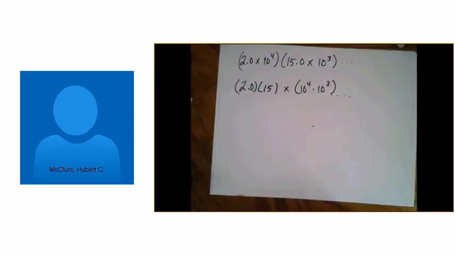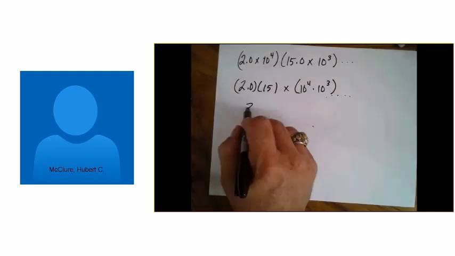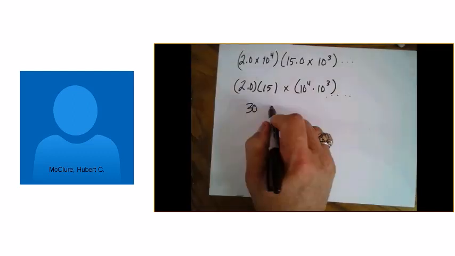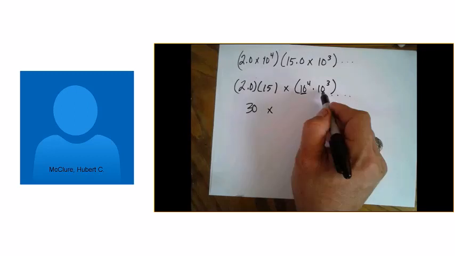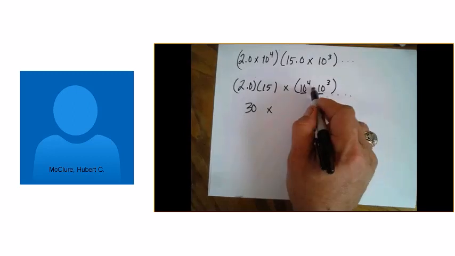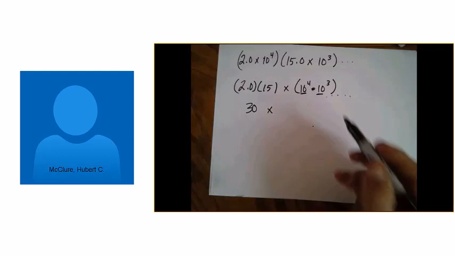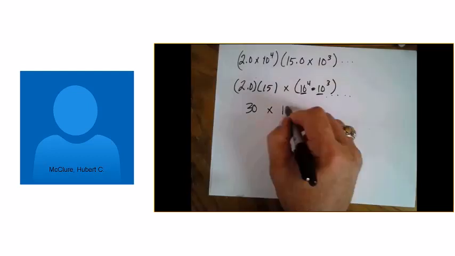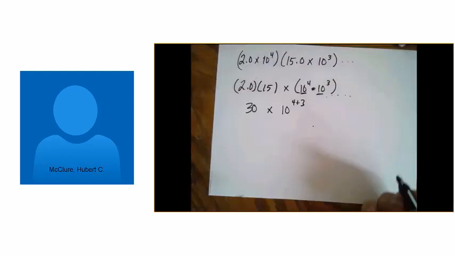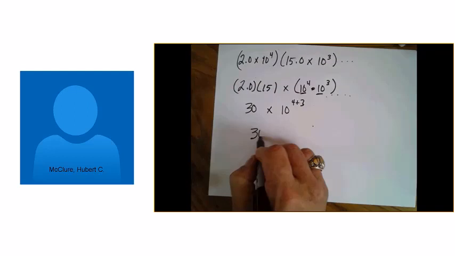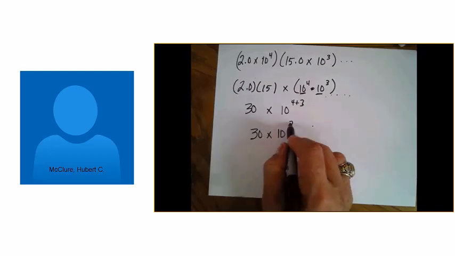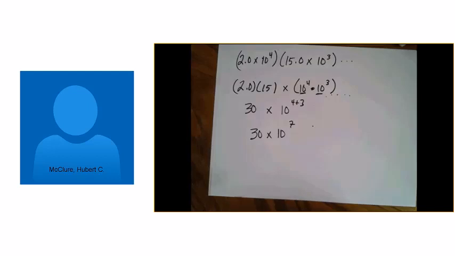So I just broke them up. And 2 times 15 is 30. And what do we do if the bases are the same and we're multiplying with exponents? What do we do with the exponents? You add the exponents. 10 to the 4 plus 3. So 30 times 10 to the 7th power.